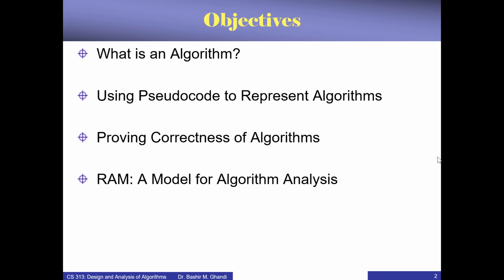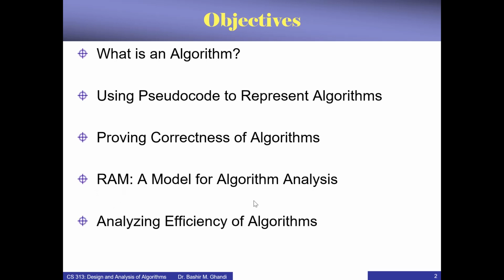Then we will spend some time discussing RAM. RAM is a model of a fictional computer that we're going to use, that we're going to base our analysis of algorithms on. Okay, RAM is a short name for random access machine.